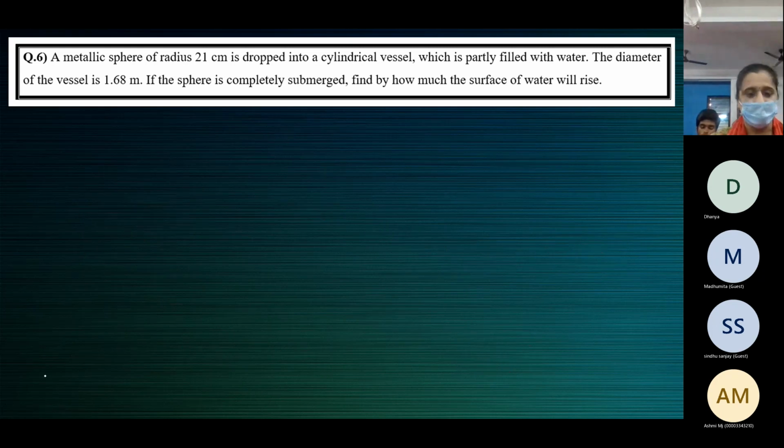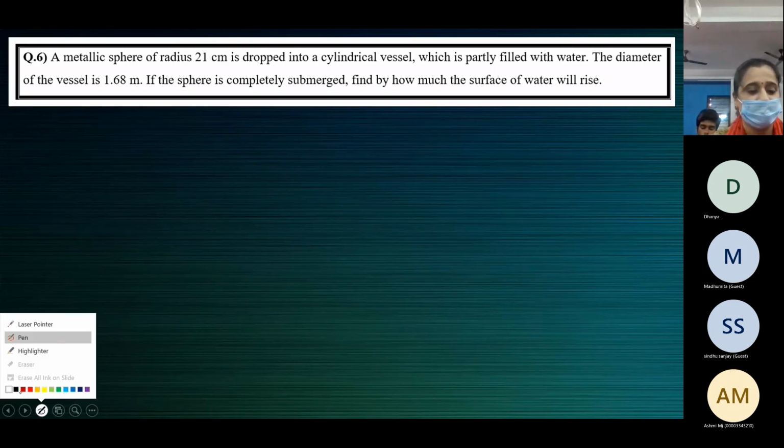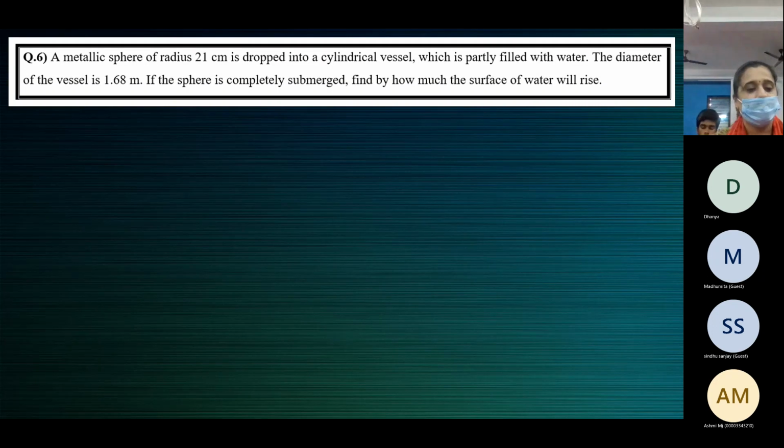Now if you understand this, then this question is easy to answer. A metallic sphere of radius... for a sphere, the radius is enough.